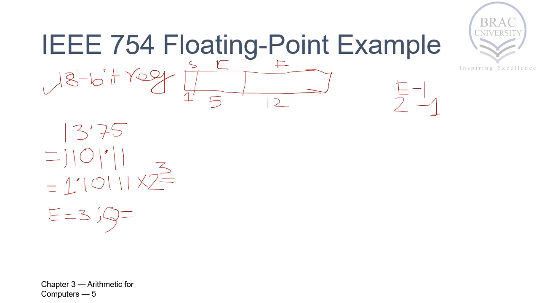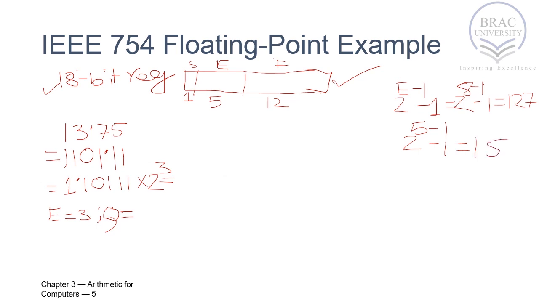Now let's see how this formula works. Let's assume that our register size is again 32 bit. So we'll have 2 to the power 8 minus 1 and then minus 1. This would give us 127. But according to this configuration, we'll have 2 to the power 5 minus 1 and then minus 1, which would give us 15.